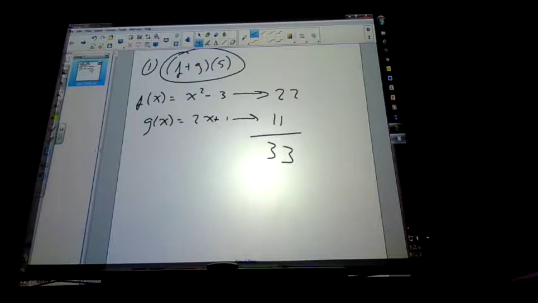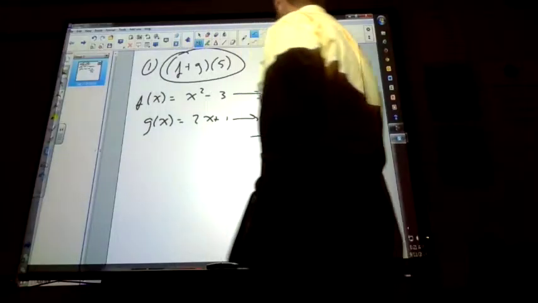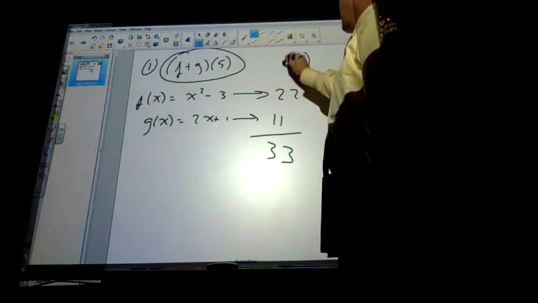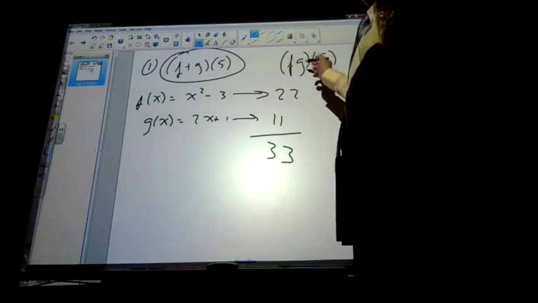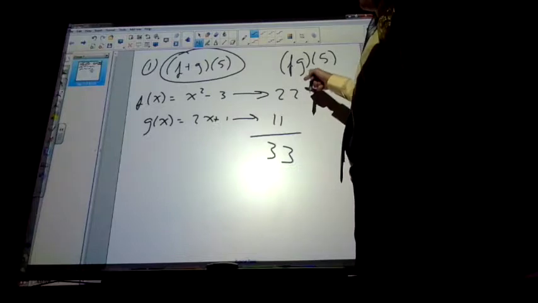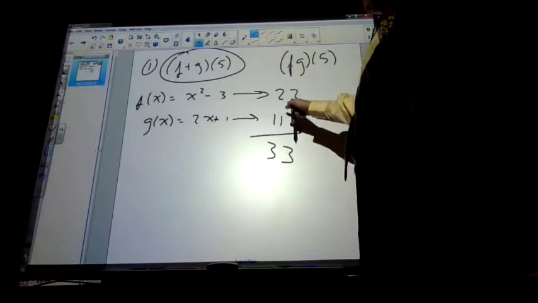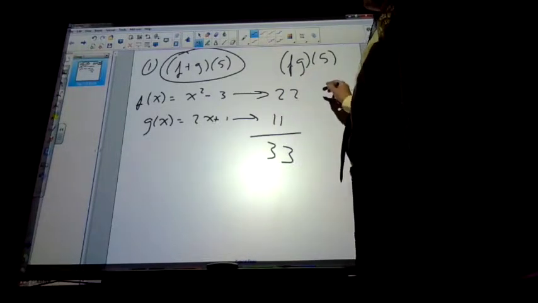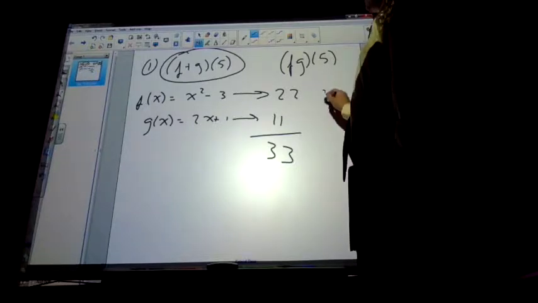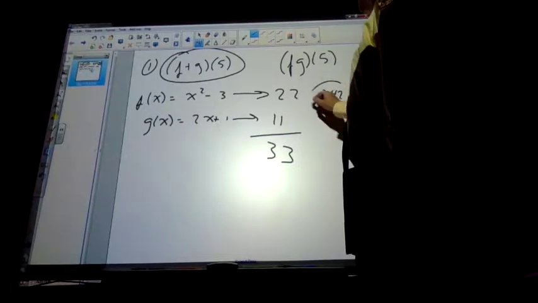So if this was fg of 5, that means you are multiplying them together, which means you would have 22 times 11, which is 242 for an answer.